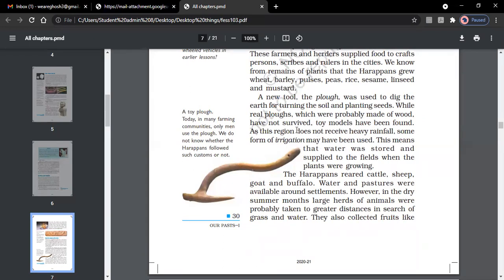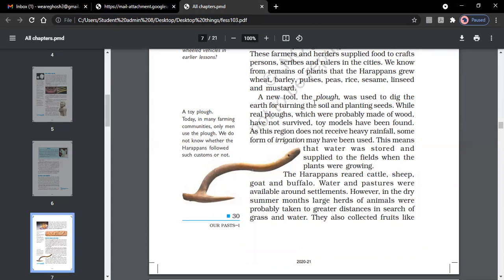It's a different question. Here is the answer: this region does not receive heavy rainfall and some form of irrigation may have been used. This means that water was stored and supplied to the fields when the plants were growing. This is proof of farming by the Harappan people.